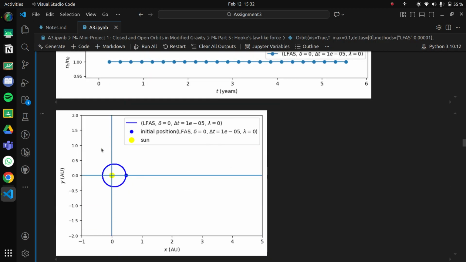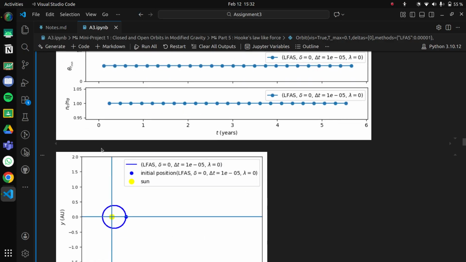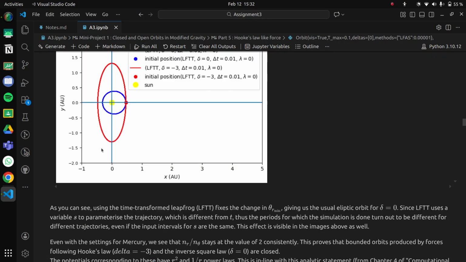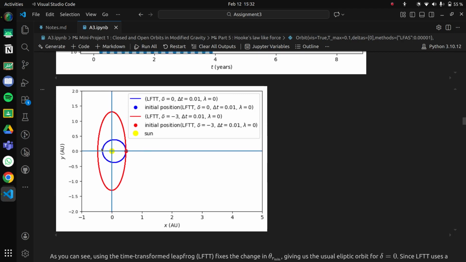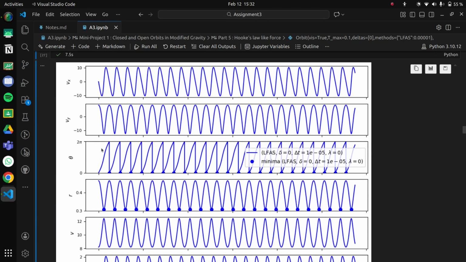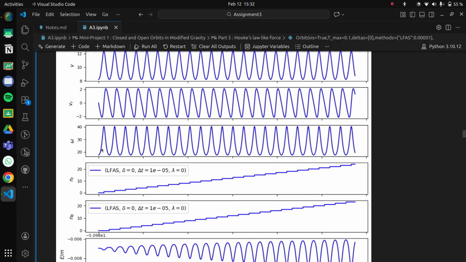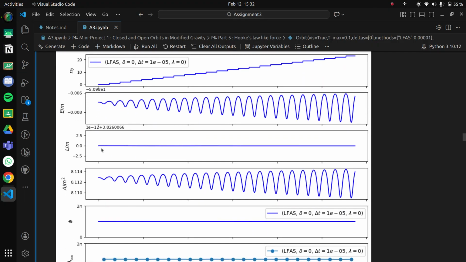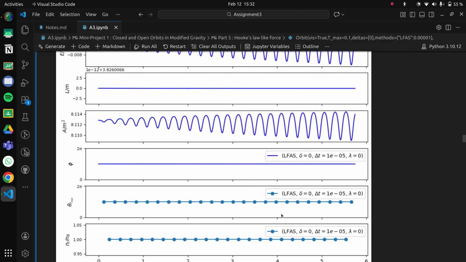The orbit is correct. I won't say that that's wrong, but it isn't as accurate as I thought it would be. It doesn't even look like leapfrog, does it? This a by m square thing is just something weird. Even more accuracy, I guess.